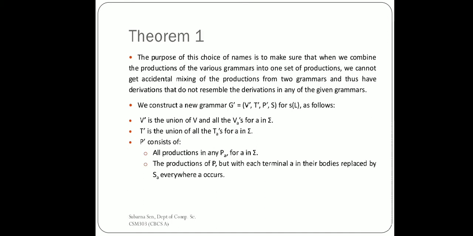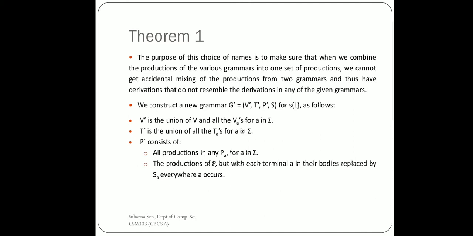Another is for using substitution, that is G_a. From those we will construct a new grammar, that is G dashed. So in G dashed, what will be the variables? Obviously it will consist of both the variables of G and G_a. T will again be all the terminals of those two, right?